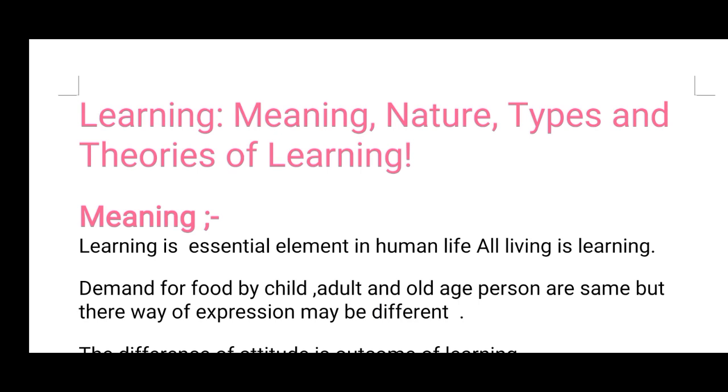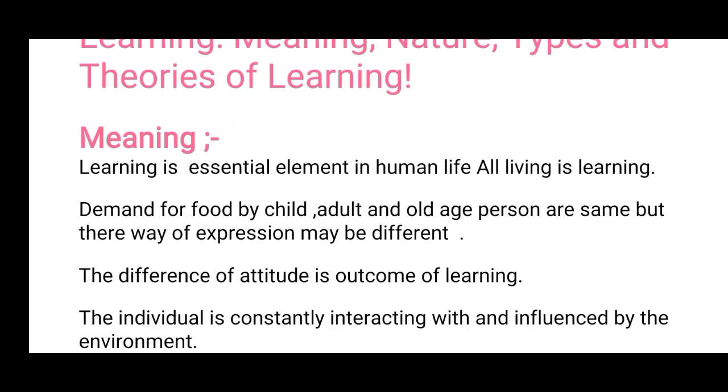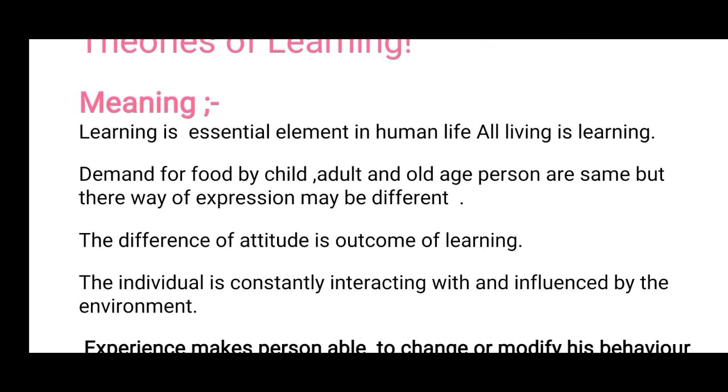We can watch the way by which everyone demands food, but the way of a child, the way of an adult and the way of an old-age person is different. So what is this difference? The difference of attitude is the outcome of learning. The whole life experience of the person shapes and molds his behavior.